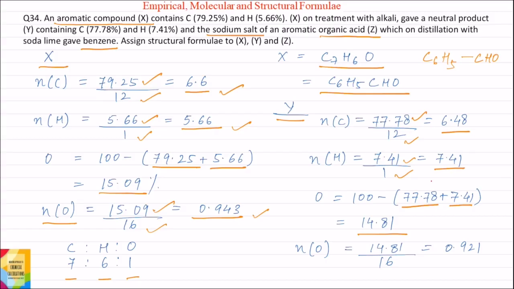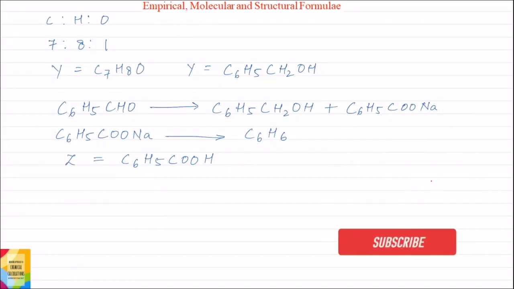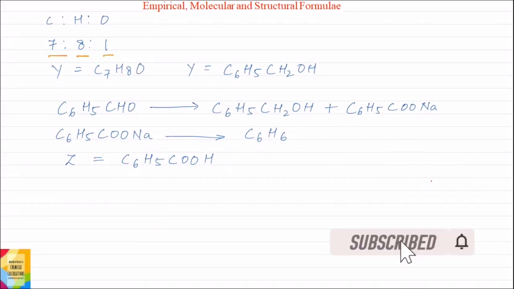Moles of oxygen हो जाएगा percentage of oxygen divided by atomic weight of oxygen that is 16 and this is equal to 0.921 moles. अब moles of carbon, moles of hydrogen और moles of oxygen को divide कर देंगे 0.921 से and we get a simple ratio of the number of moles of carbon, hydrogen and oxygen in Y which is equal to 7:8:1. तो Y का molecular formula हो जाएगा C7H8O.